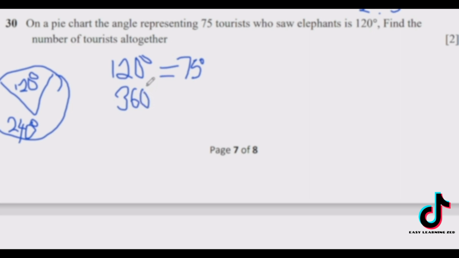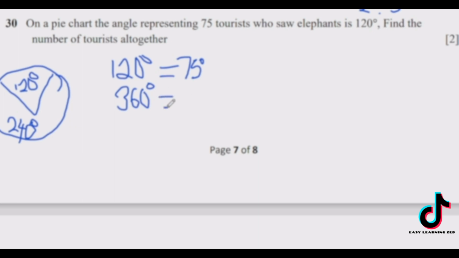The total number of all tourists is represented by 360 degrees, because the complete pie chart is equal to 360 degrees.